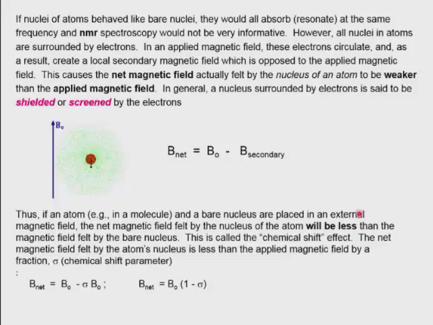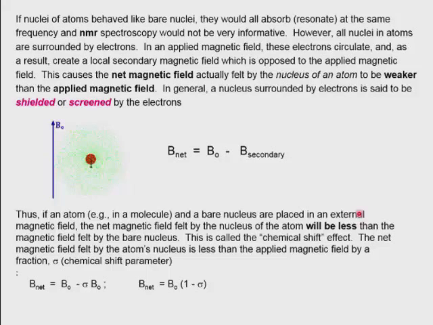In general, a nucleus surrounded by electrons is said to be shielded or screened by the electrons. The greater the density of the electron cloud about the spinning nucleus, the smaller the net magnetic field it experiences.